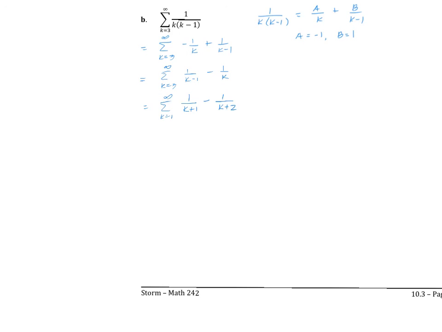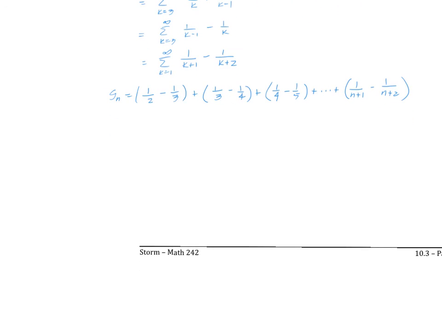My s sub n is going to be 1 over 2 minus 1 over 3 plus 1 over 3 minus 1 over 4 plus 1 over 4 minus 1 over 5 plus, and the nth term is going to be 1 over n plus 1 minus 1 over n plus 2.